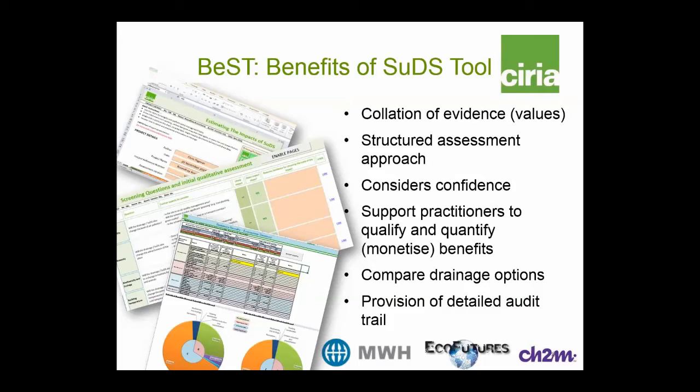We then look to, and as I already mentioned, we go through this process of both qualifying and, where possible, and I'll come on to the benefits which we believe we've been able to help users actually quantify in a moment.